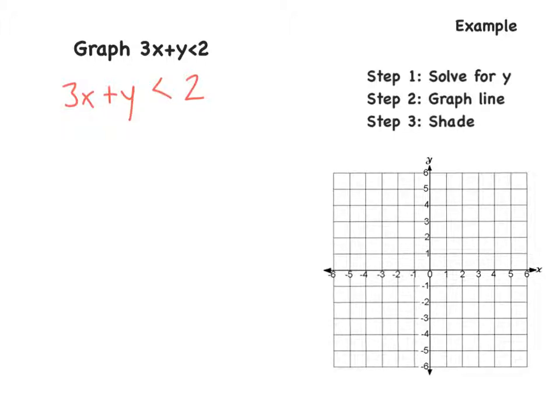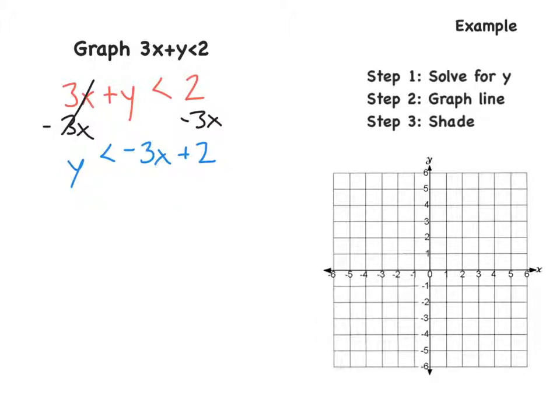So when we do that, we would have to subtract 3x from both sides. So then we would have y is less than negative 3x plus 2. So we solved for y. Y is less than negative 3x plus 2.